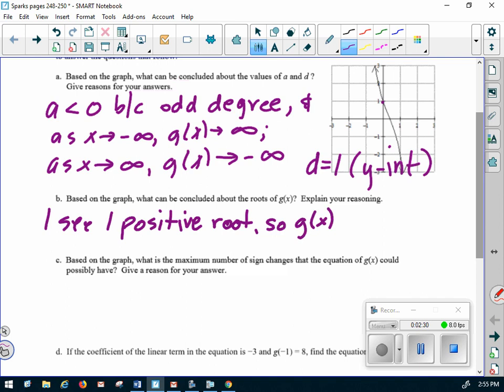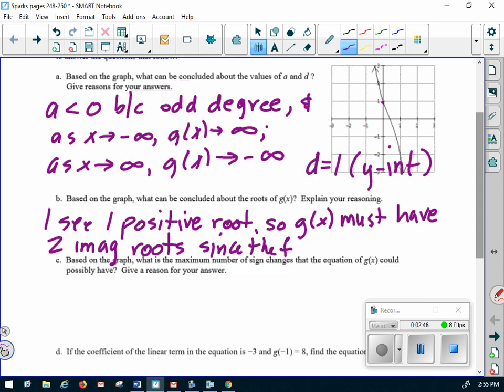So g of x must have 2 imaginary roots. Since the function is cubic, I know the function has to have 3 roots.